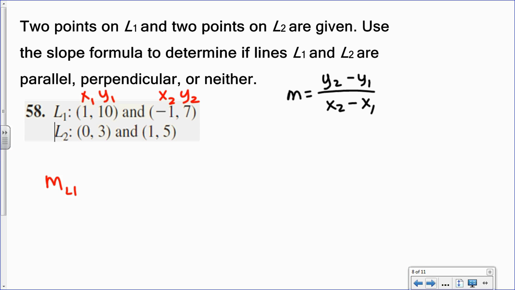So I want to find the slope of line 1, so I'm using this little L1 as a subscript. y2 minus y1 over x2 minus x1. So I get -3 on top and -2 on bottom. Keep it as a fraction, but always reduce or simplify, so the negative over negative is positive.